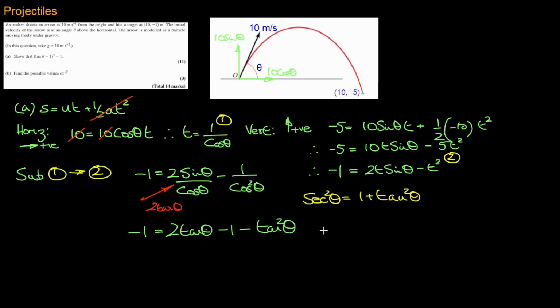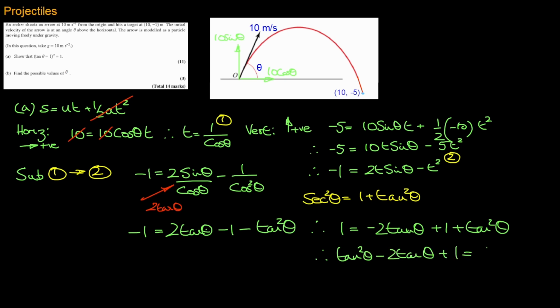Let's multiply through by −1, so I get 1 = −2 tan θ + 1 + tan² θ. Rearranging and swapping sides, I get tan² θ − 2 tan θ + 1 = 1. As I hinted already, if you multiply this bracket out, you will get this. So this indeed factorizes to (tan θ − 1)² = 1, and that's what we were asked to prove.